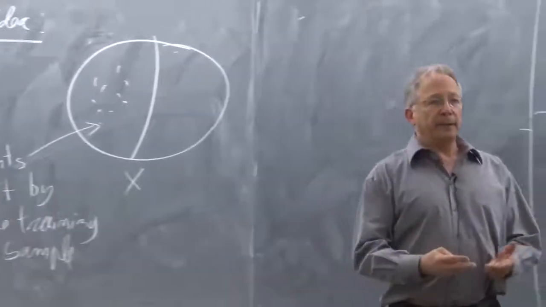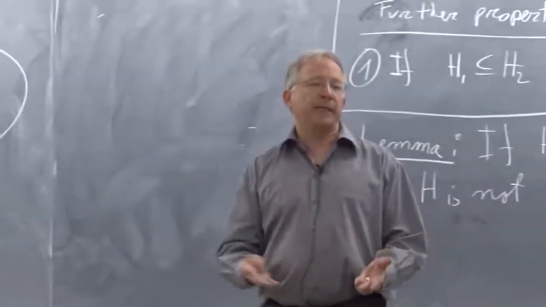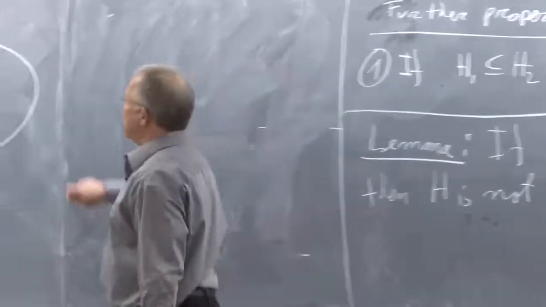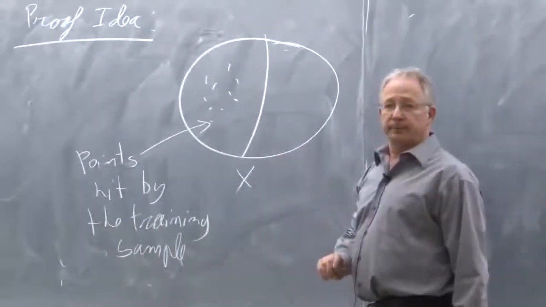Now, the algorithm sees these points with some labels, and it should, as a result, predict how my function is going to behave here.